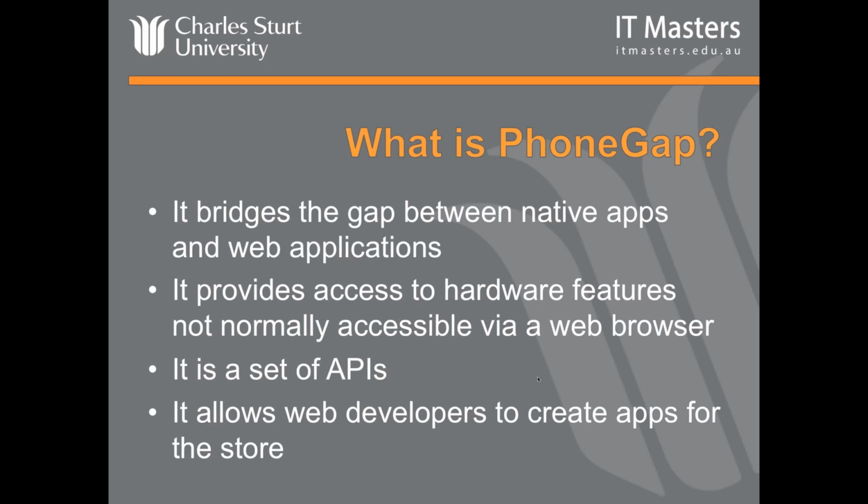So what PhoneGap does is give you a set of APIs where your web code, all your HTML, is able to actually access the hardware directly, and able to read information from those sensors and do a lot of things that you would normally only be able to do with a native app. A lot of these features are the reasons that you would have created an app in the first place.